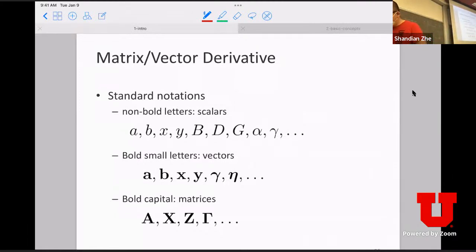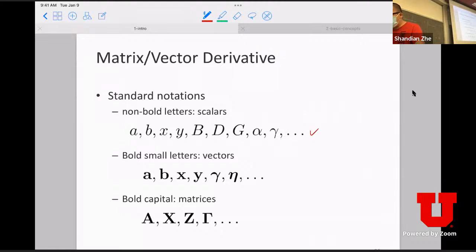The first thing we discussed, starting from last lecture, is the matrix and vector derivative. We first introduced the standard notations. Non-bold letters, whether capital or small, or Greek letters, are by default viewed as scalars.